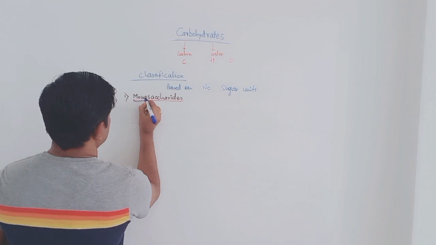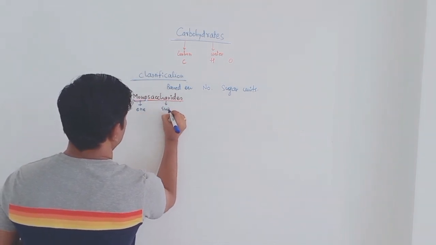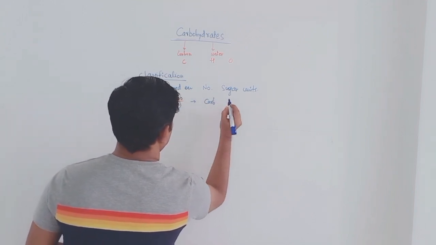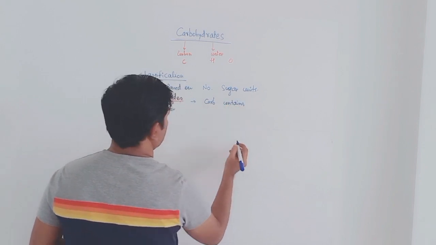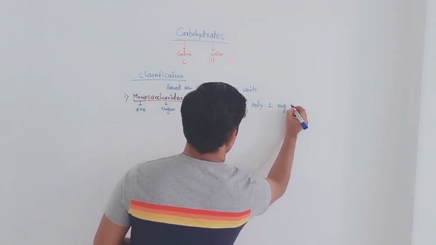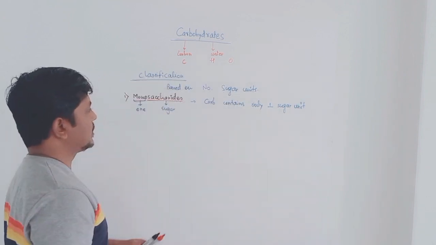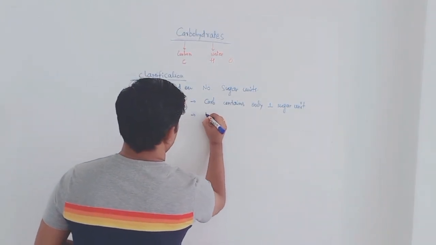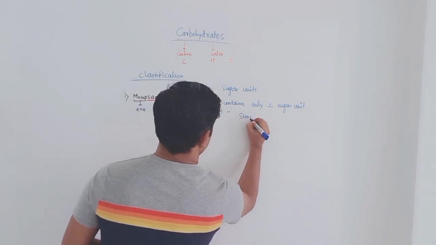As the name suggests, mono means one and saccharide means sugar. So monosaccharides are the carbohydrates which contain only one sugar unit. As they contain only one sugar unit, we also call them simple sugars.